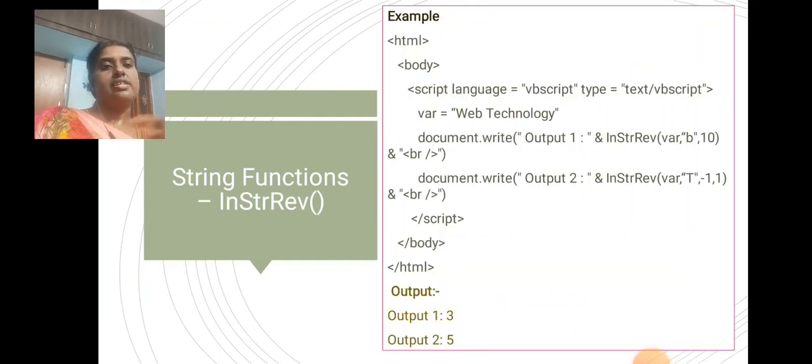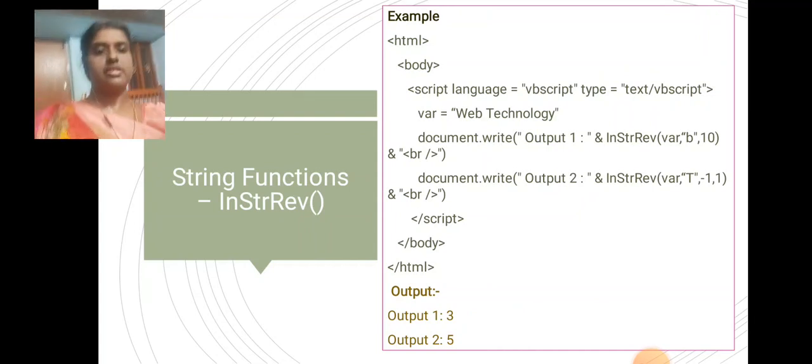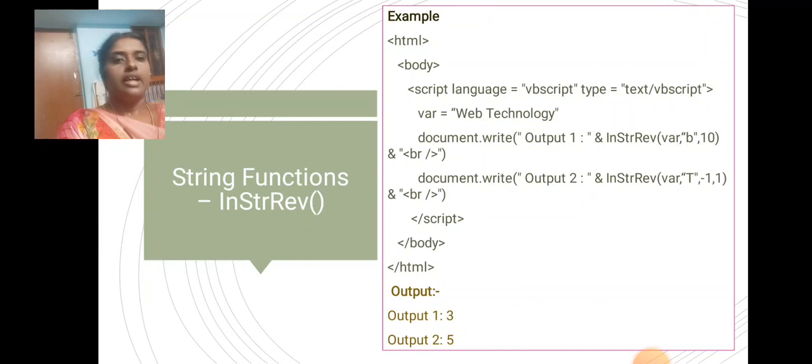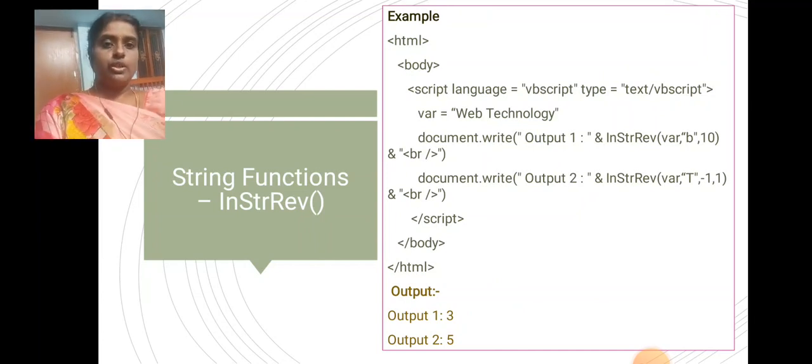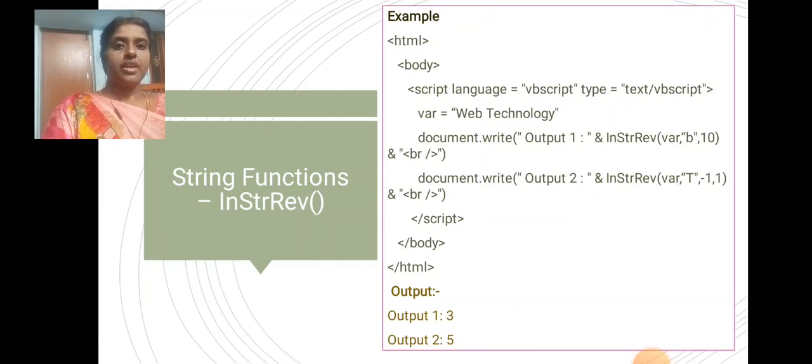Let us see the example. Here also I have the same variable, var, with the value web technology. In the first line I am going to find the output of InStrRev(var, "b", 10).